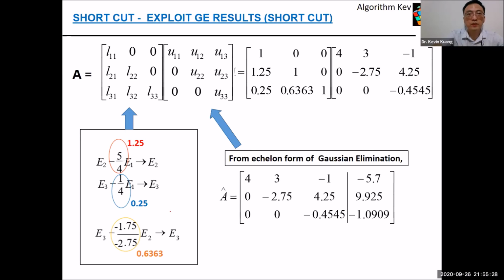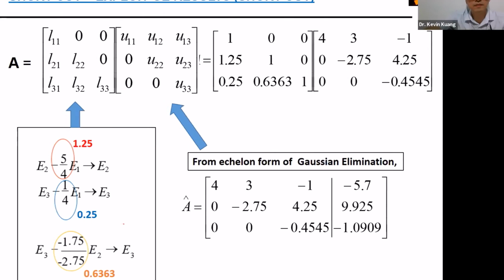And so, with this demonstration, we can see that in order to find the LU decomposition based on the Doolittle's method, by simply exploiting the GE results, we can easily obtain the L and U. And that's it.